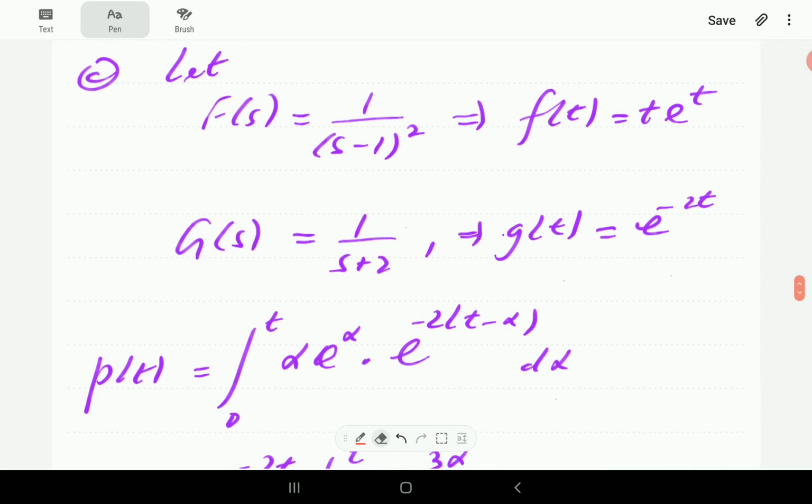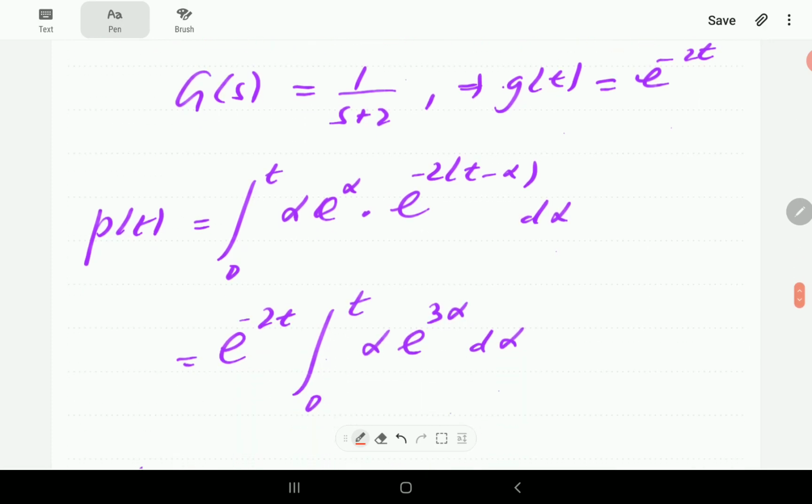All right, so for C, if f is 1 over s minus 1 squared, then the inverse is going to be t e to the t. G is 1 over s plus 2. That is going to be the inverse. And so the convolution, so this time we're putting the t minus alpha on the g, and then the negative 2t we can actually factor out, and the 2 alpha and the alpha here will add up to 3.